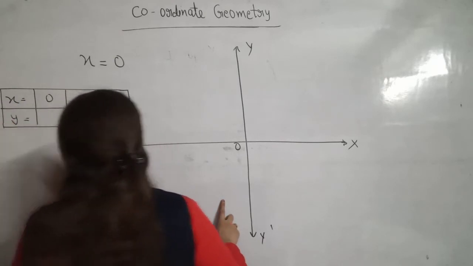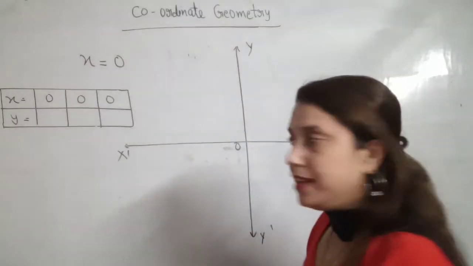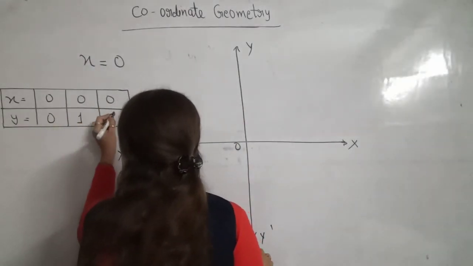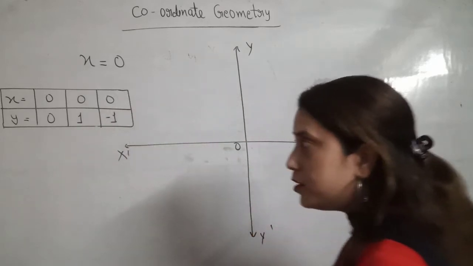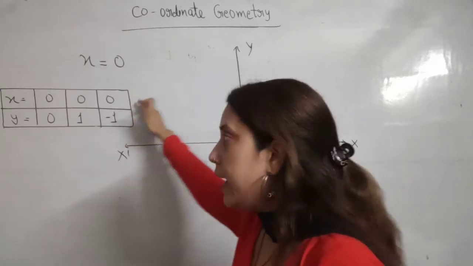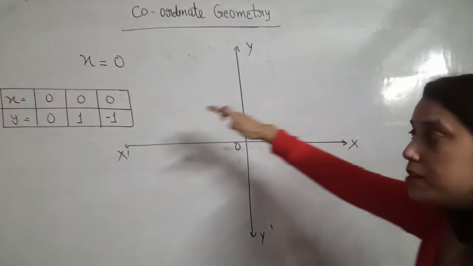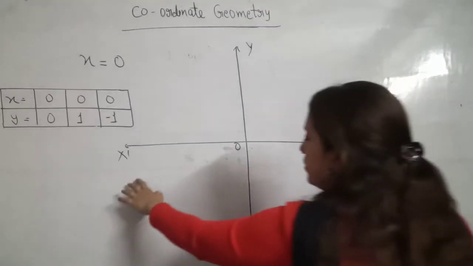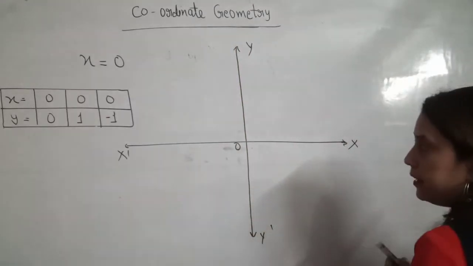And for y, we can take any numbers like 0, 1 and minus 1. First we draw the table, find the value of x and y, and then we will plot these points on the graph paper. So first we draw the XOX dash and YOY dash.